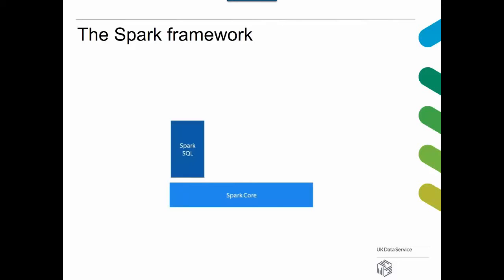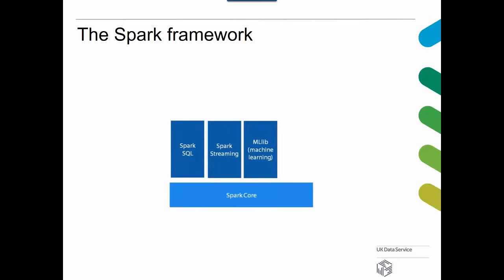So the Spark framework starts with some core elements of Spark, which is just general processing type things. And on top of that, we've effectively got 4 pillars of functionality. We've got Spark SQL, which allows you to do the SQL type processing tasks. We've got Spark Streaming, so that's streaming data.